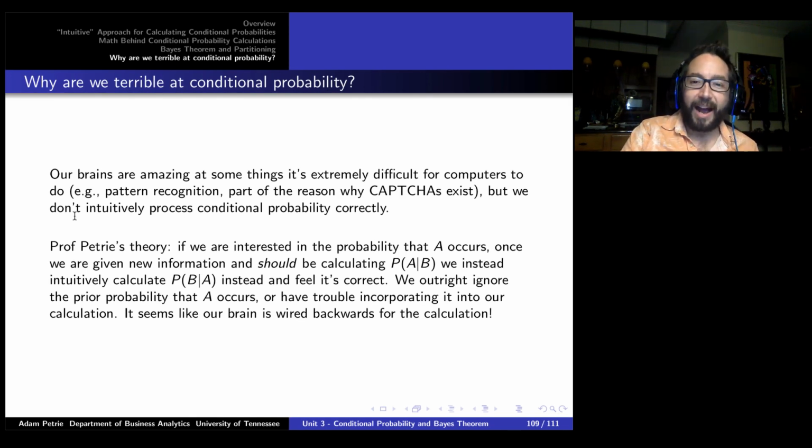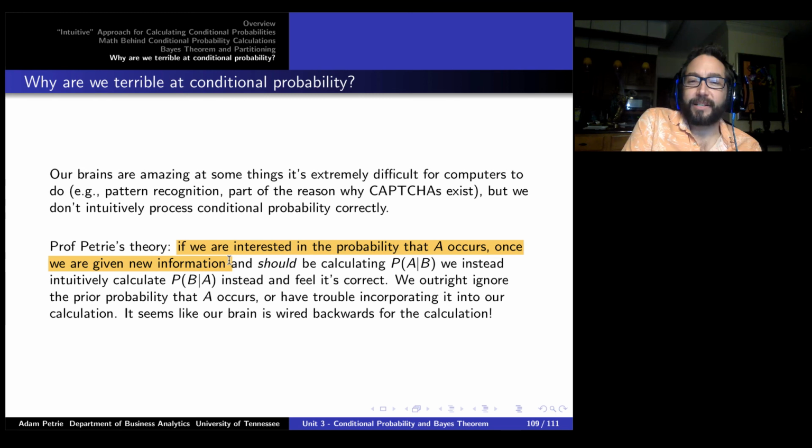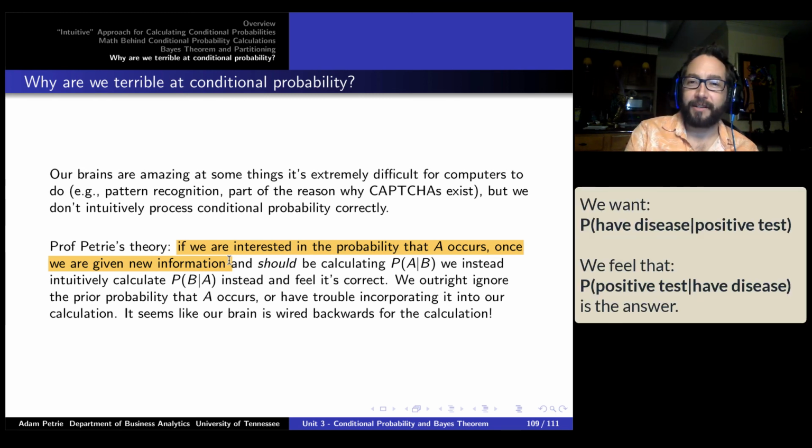So we're interested in knowing the probability that A occurs once we're given new information. So I want to know, what's the probability that I have this rare disease given that this test has come back positive for the disease? So I need to calculate the probability of A given B, disease given that test result.